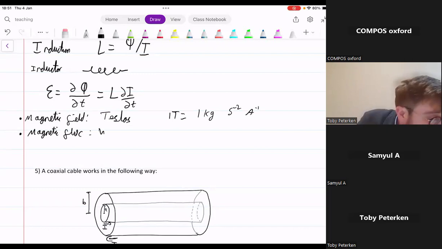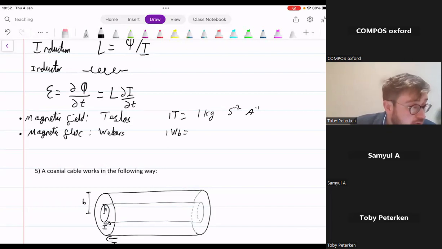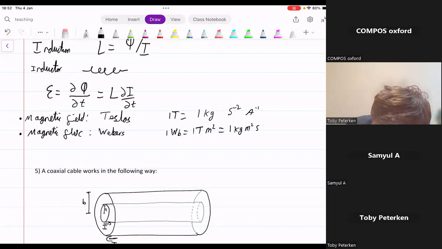This is measured in Webers. And 1 Weber is equal to 1 Tesla meter squared, because remember it's field strength times area. And this is equal to 1 kilogram meter squared per second squared per amp.